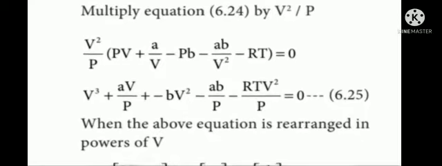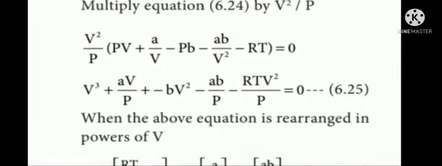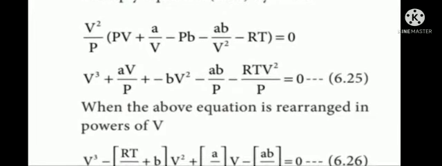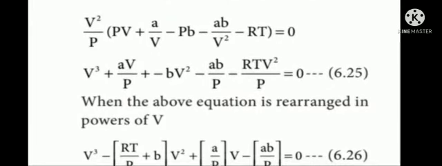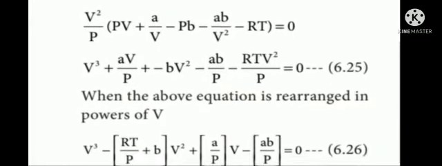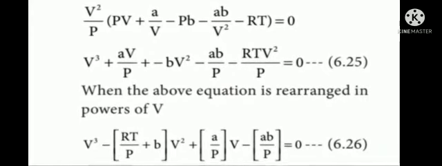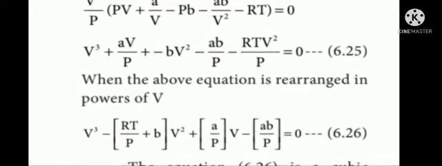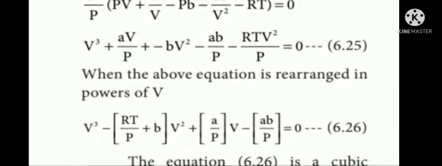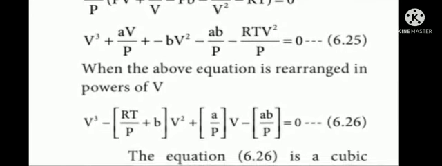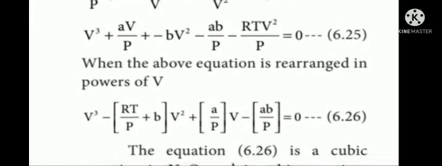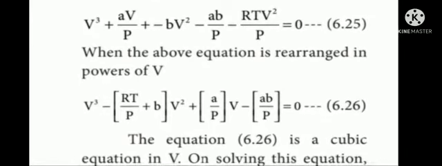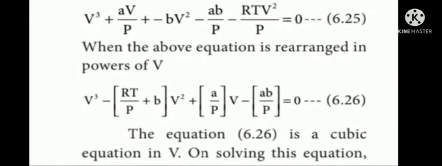It is given in equation 6.25. When equation 6.25 is arranged in powers of V, we will get V³ - (RT/P + b)V² + (a/P)V - ab/P = 0. It is given in equation 6.26.